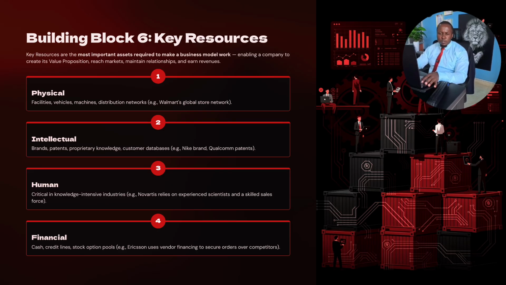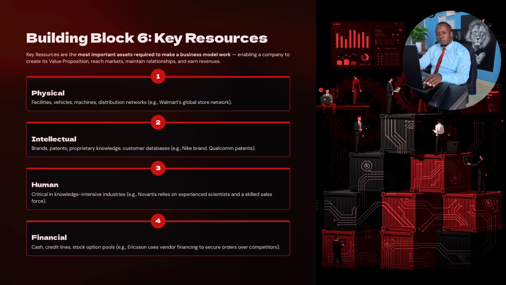The next category of key resources is intellectual. Now, for intellectual, you can have things such as brands, patents, proprietary knowledge, and customer databases. The third is human. So for human, this is critical in knowledge-intensive industries, where you have key specialists who act as key resources for your particular business.